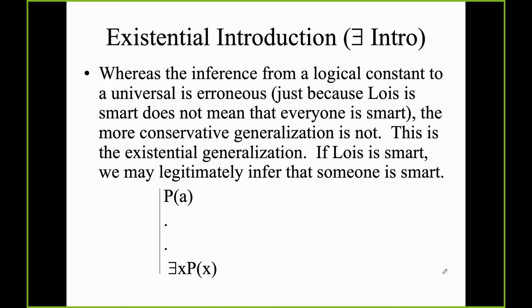Okay, I'm back. When I make a generalization, I want to be careful about the scope of that generalization, right? So if I say something like this, Chloe loves logic, right? There's nothing that Chloe loves doing more than studying logic.